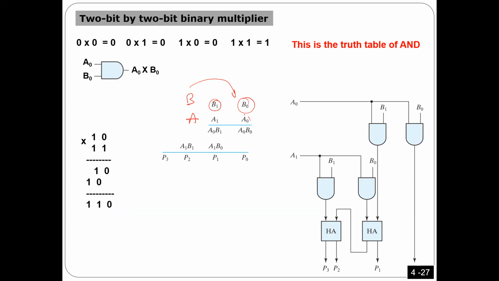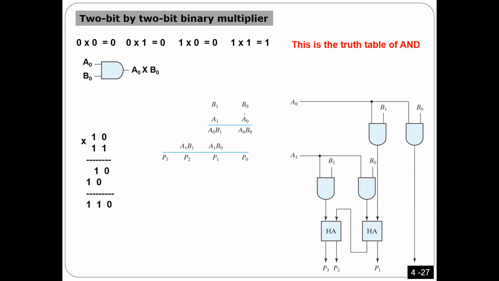Number A has 2 bits, A0 and A1. You should understand the difference between A, which means the 2-bit number, and A0 and A1, which are bits: first bit, second bit, first bit, second bit. So how can we do multiplication? Look here.